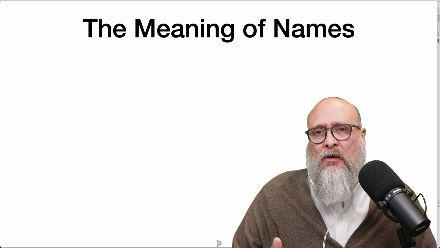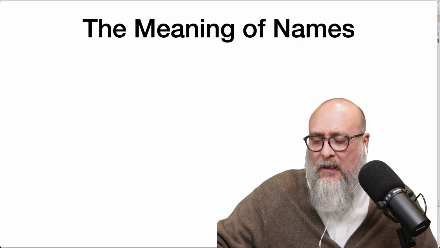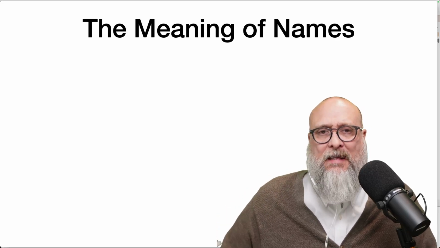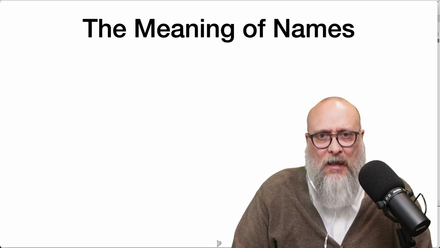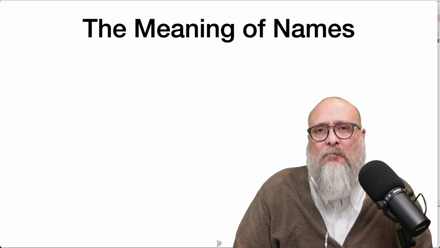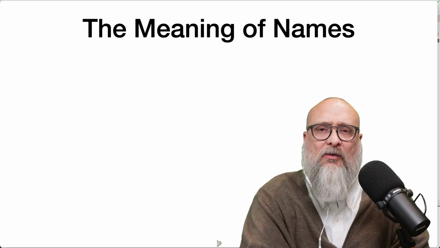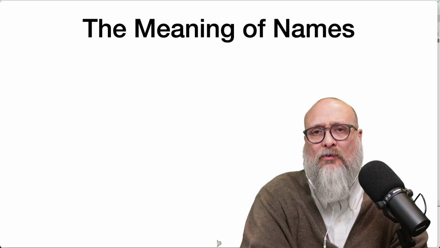Now, when you're coming to the Hebrew text and the Greek text for that matter, all the names, place names, and people names in the Bible, all of them are actually meaningful words in the language. And so sometimes it can be very helpful to look at what those words are.